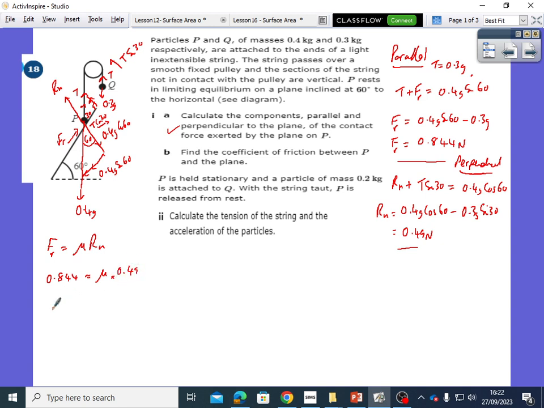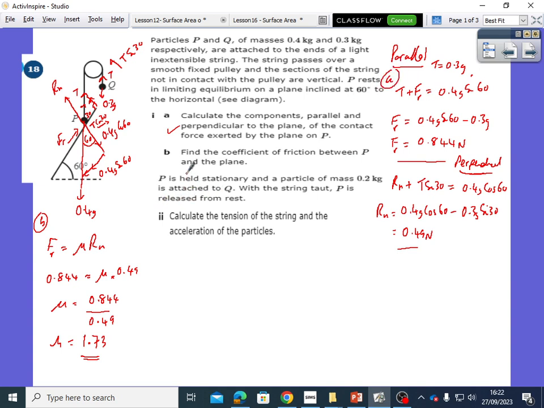So if I divide that through, mu will equal 0.844 divided by 0.49. Mu will equal 1.73, to two decimal places. Okay, so the coefficient of friction, done that one, so that's B. This was A.